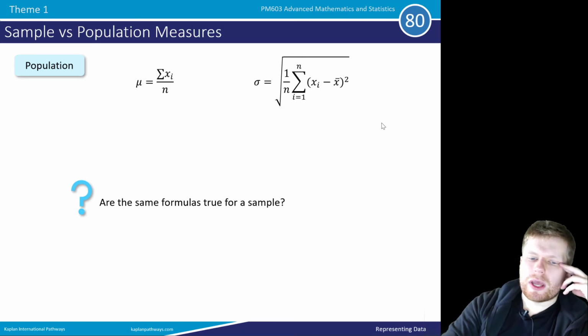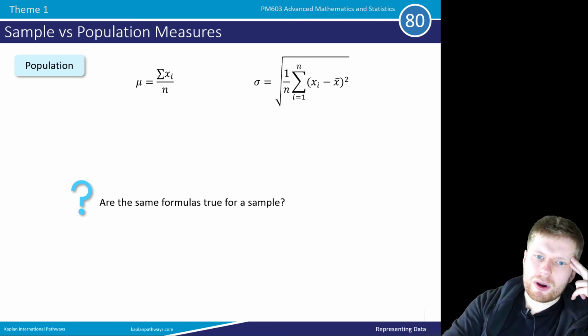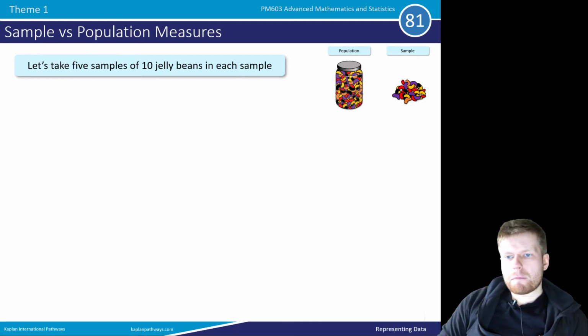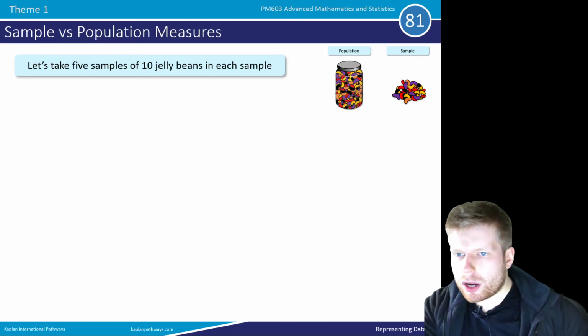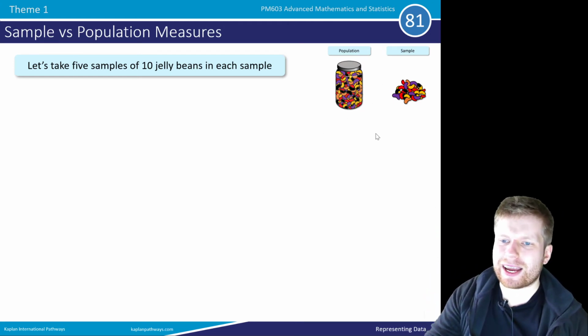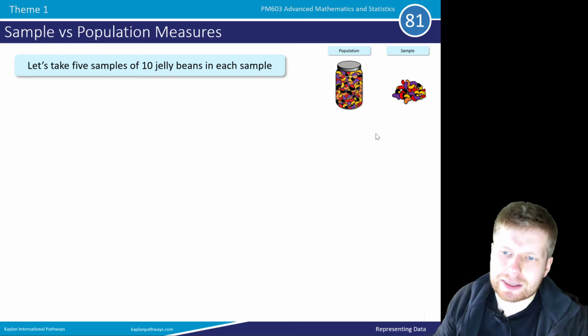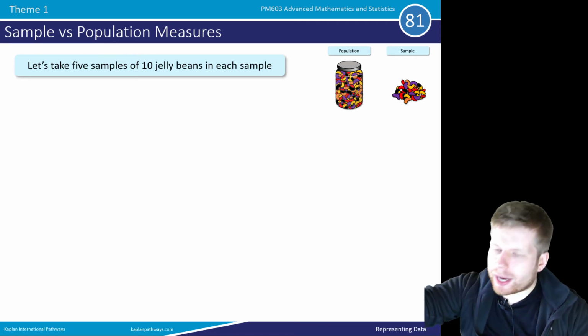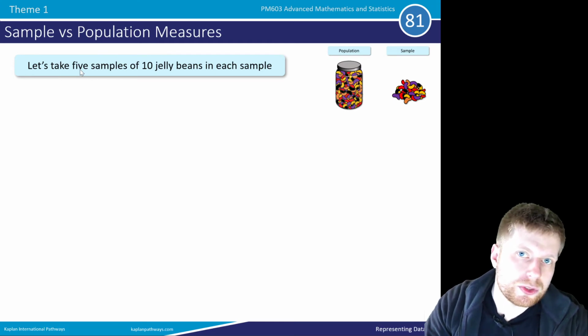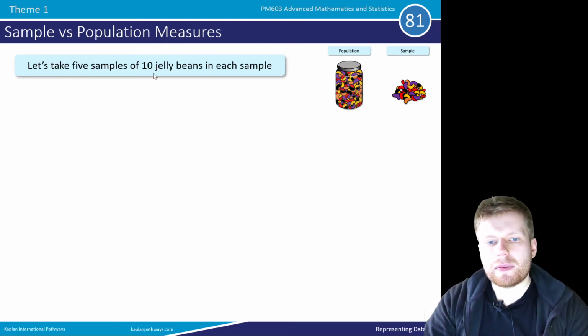But here's my question: are the same formulas true if we're working with a sample? Well, let's have a look. Let's say we're working with jelly beans. Here's my population: you can think of the population as my complete jar of jelly beans, whereas my sample would just be a handful of them. So let's suppose I'm going to take 5 samples, and in each sample there are going to be 10 jelly beans.